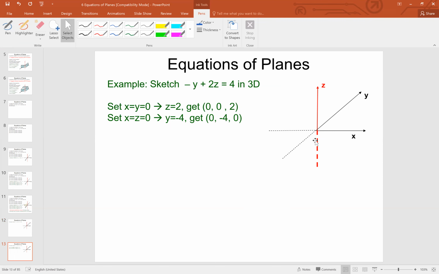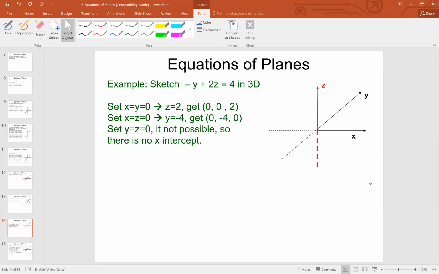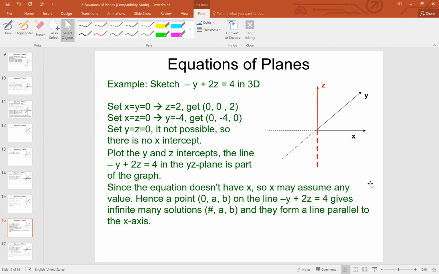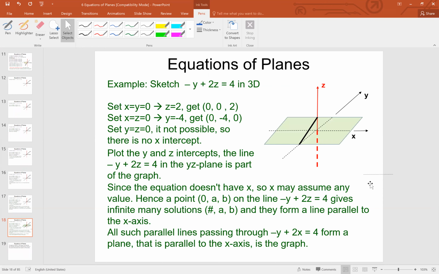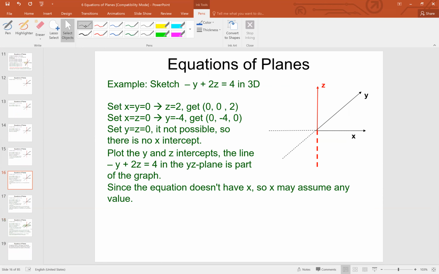We set x to 0, and we graph this line existing in the yz plane. I draw this line through the points 0, 0, 2, 0, and minus 4, 0. Okay, x is 0.